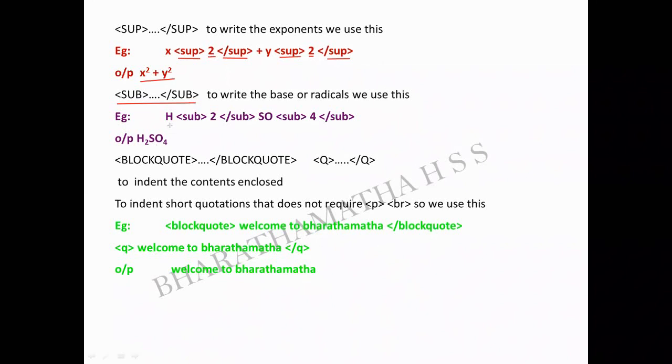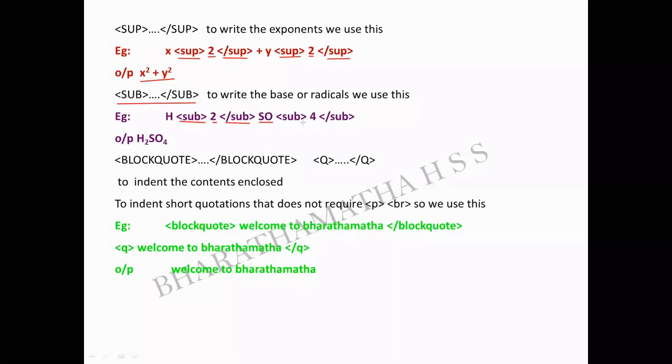So how to write H2SO4? H I have written, and it has the subscript value 2. So I'll write that using the subscript tag. Then 2 I will give and then I'll close sub. Then S and O I will write. For O I wanted to give 4 as the base value.